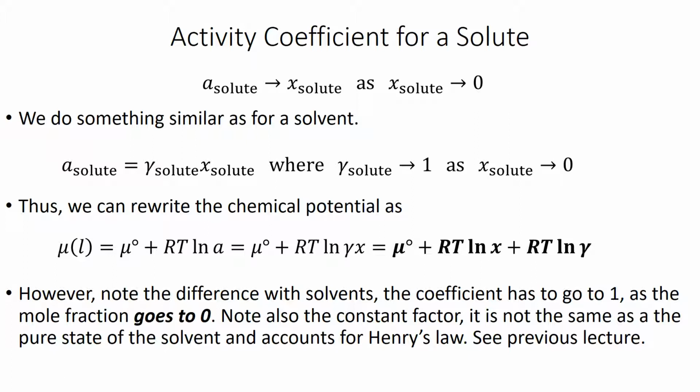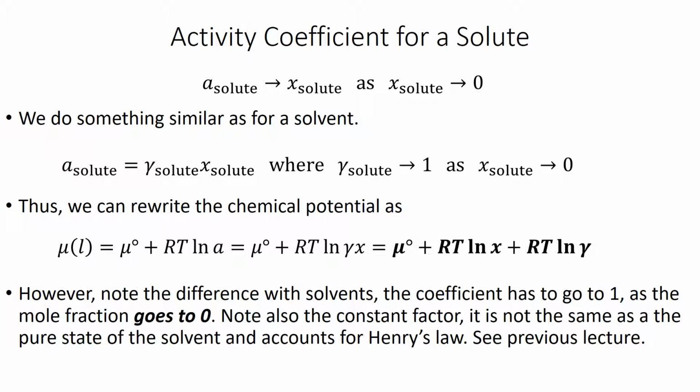Now you can pretty much do the same for a solute, but we have to remember that the activity coefficient for a solute approaches 1 as the mole fraction goes to 0. So it's the opposite case for a solute as opposed to a solvent.